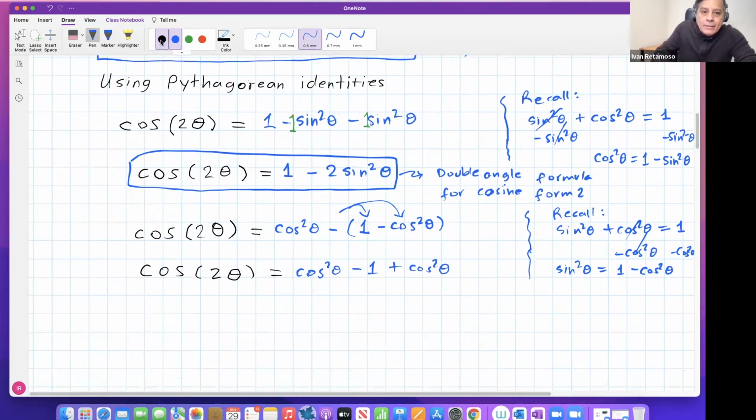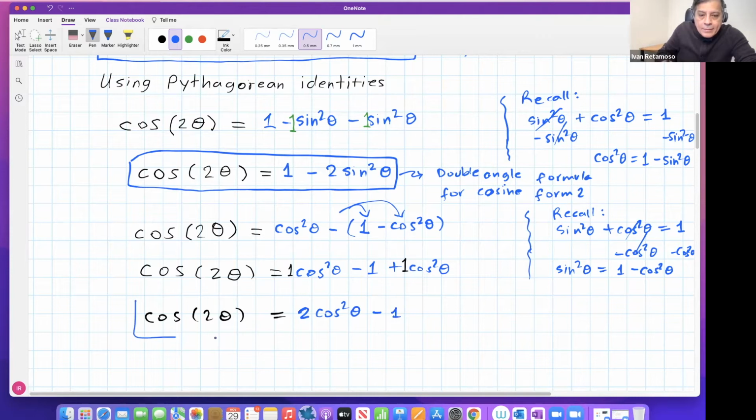And finally, you're going to get this new form, cosine of 2 theta equals, look, there is an invisible one here, an invisible one here, 1 cosine square plus 1 cosine square, 2 cosine square of theta minus 1.